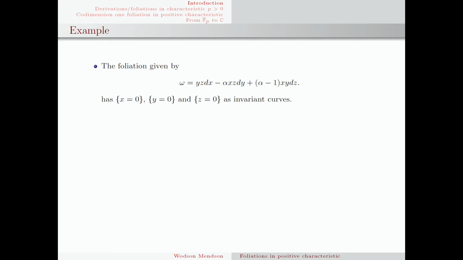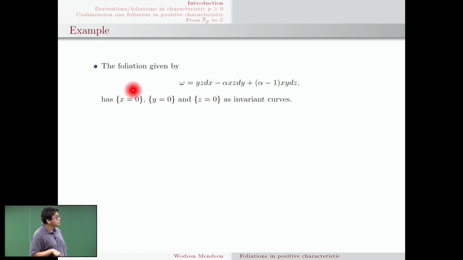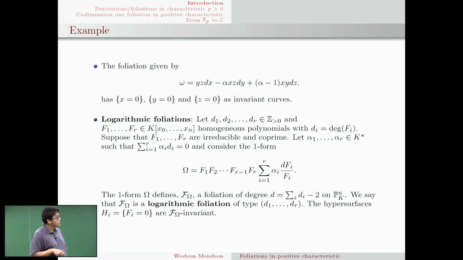As an example of foliations, we have this simplest case here. This is a foliation on P^2 of degree 1 that has these curves as solutions, or invariant curves. And we have the general case of this, where we take a list of polynomials, and we take elements of the field that satisfy this residue condition, and we consider this 1-form.